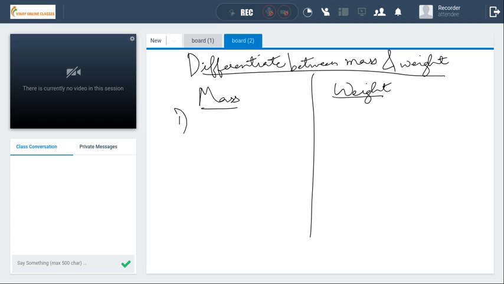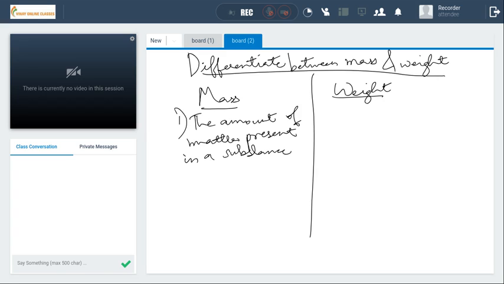Okay, mass is the amount of matter present in a substance. Okay, the amount of matter present in a substance is known as its mass.